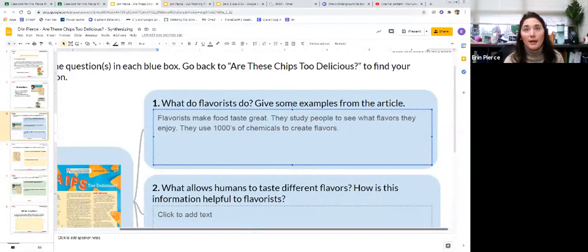I'm going to keep my answer up here for a moment, in case you want to copy what I have typed. I'll reread it again to make sure it makes sense. Flavorists make food taste great. They study people to see what flavors they enjoy. They use thousands of chemicals to create flavors.